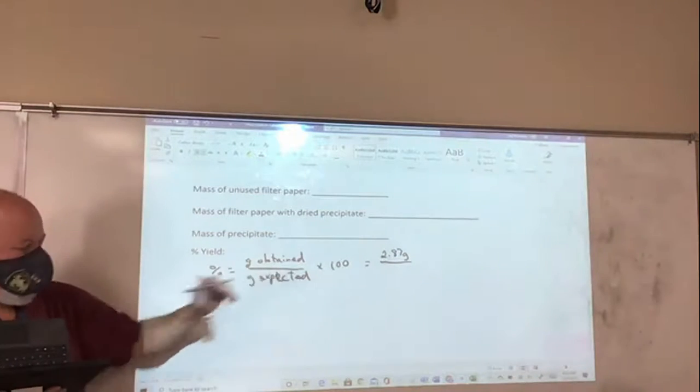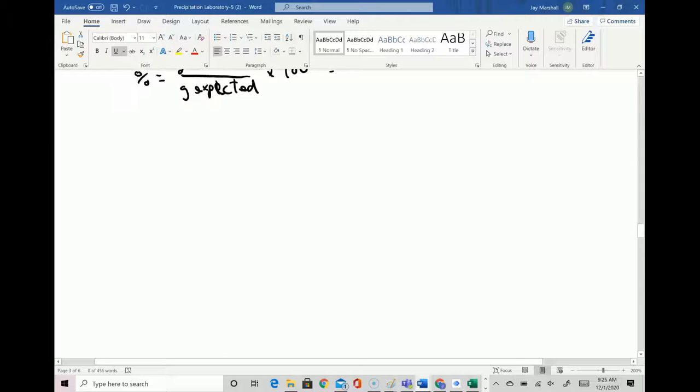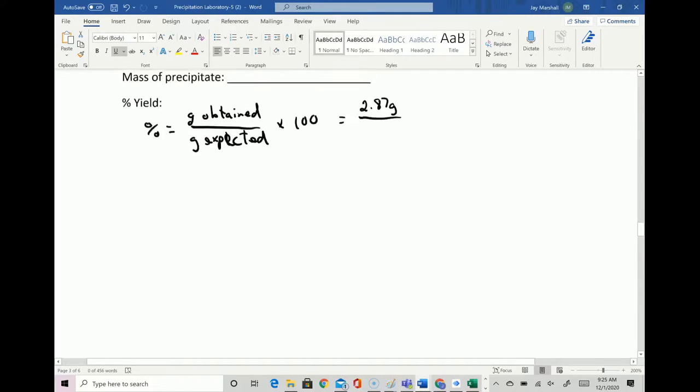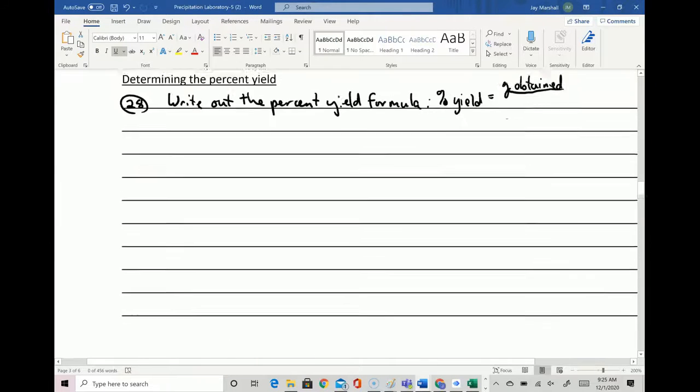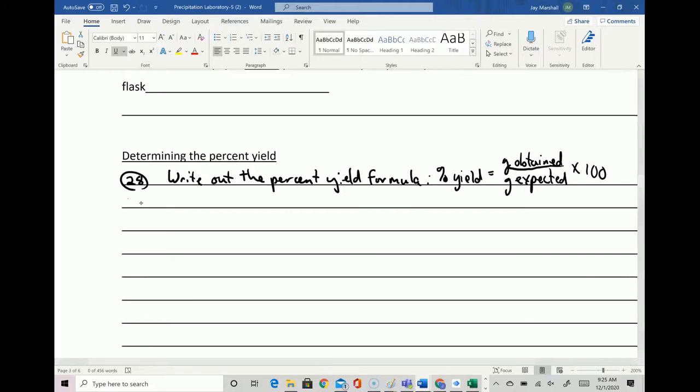So our process, when we're dealing with any formula, oops, wrong way. Our process when dealing with any formula is to inspect the formula to see if we have all the information.